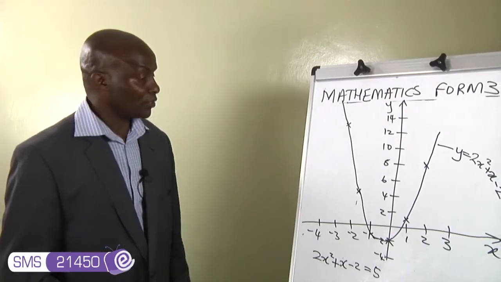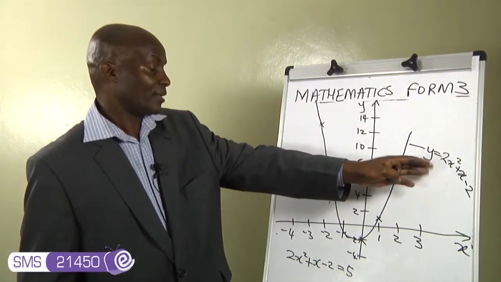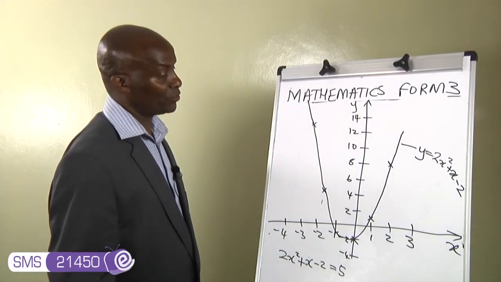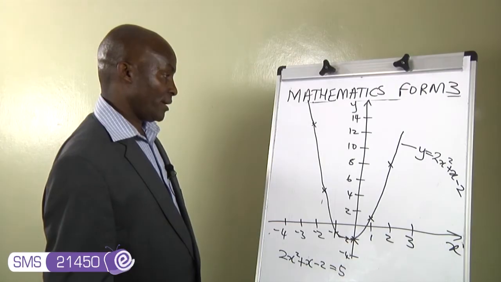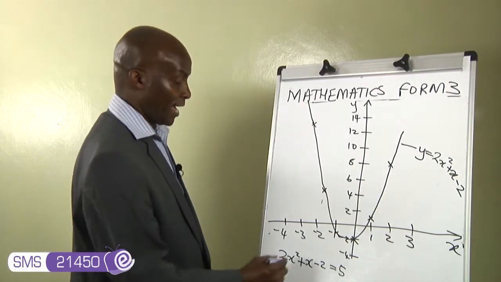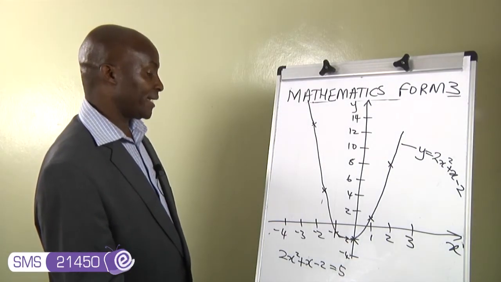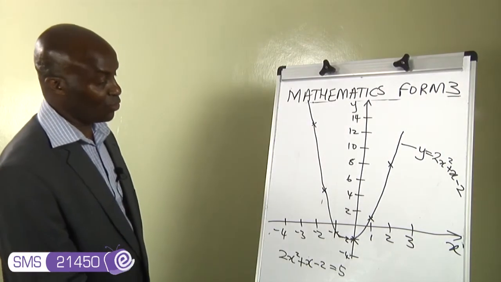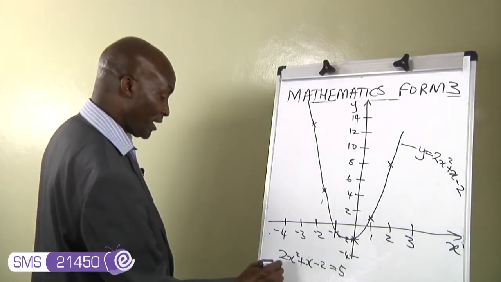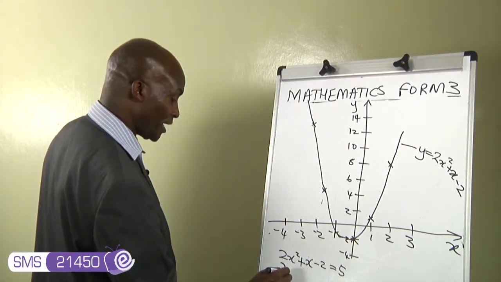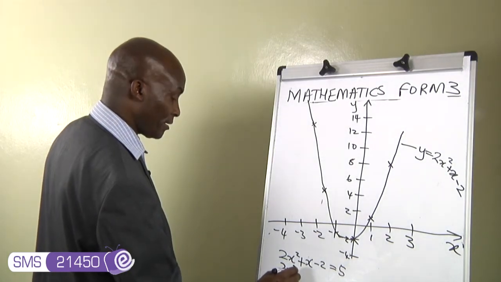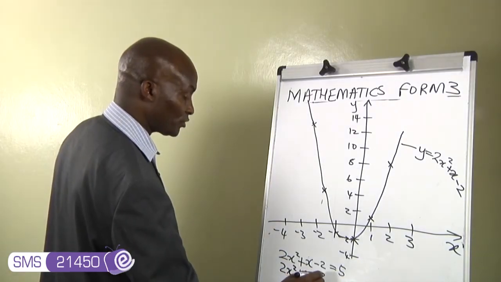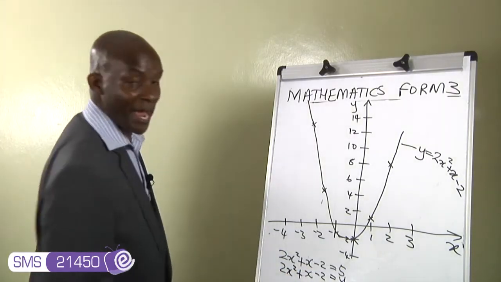Since this is y equals 2x squared plus x minus 2, I can just subtract the 2, and now you have, supposing I write them next to each other, 2x squared minus 2 equals y.